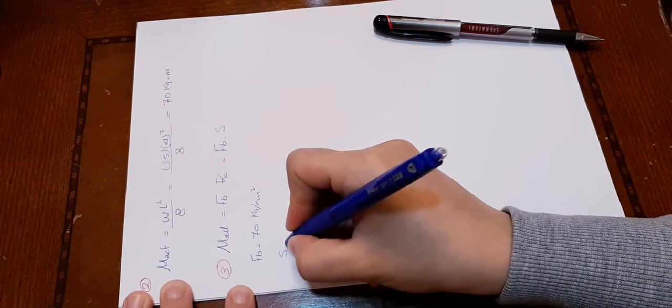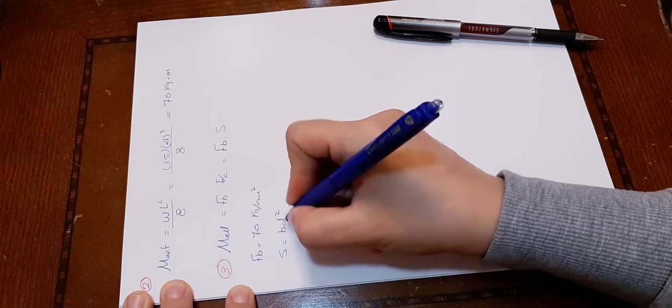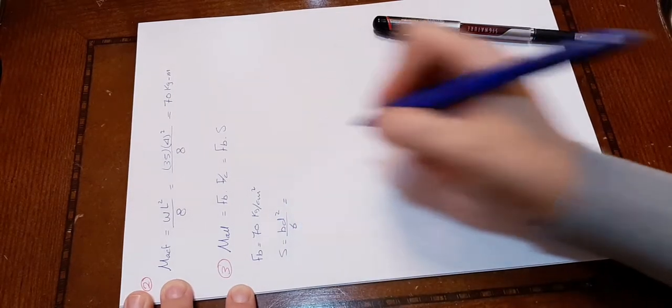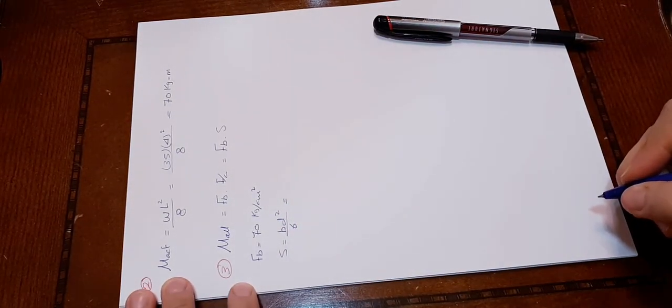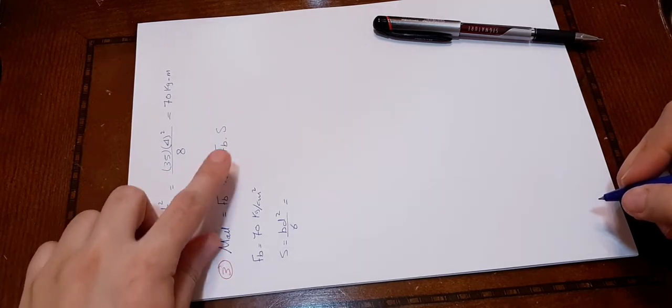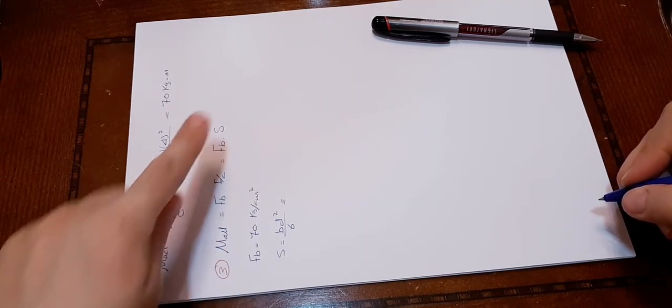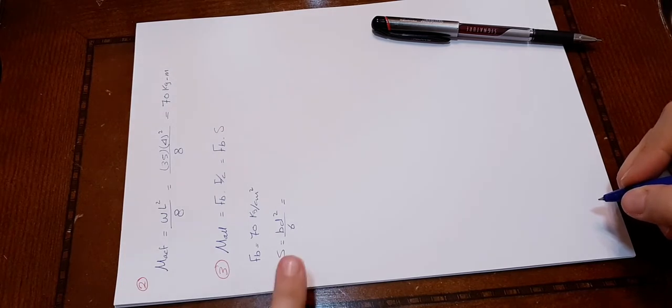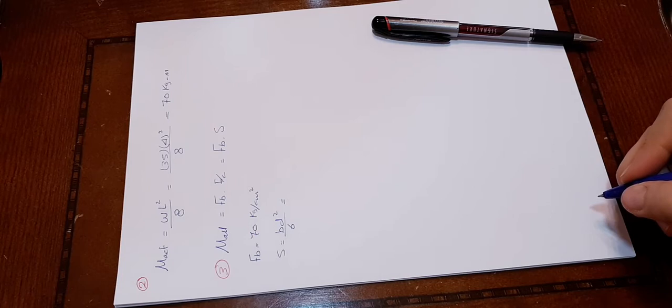S equals BD square over 6. You can also determine I, determine C, and S equals I over C, or directly S for rectangular or square cross section, BD square over 6.